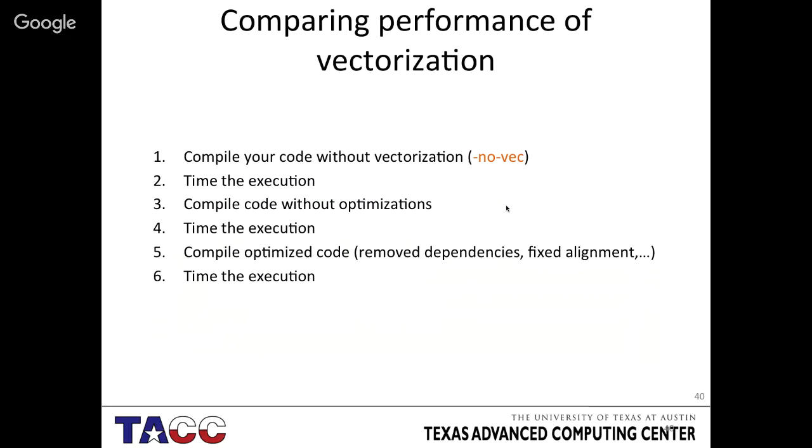So for performance, as I said before, the quick way to see what's happening in your code is to turn on no vectorization and look at the difference between no vectorization and having vectorization, and watching that time of execution.